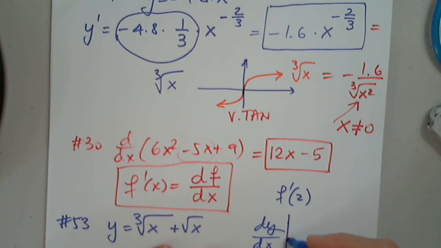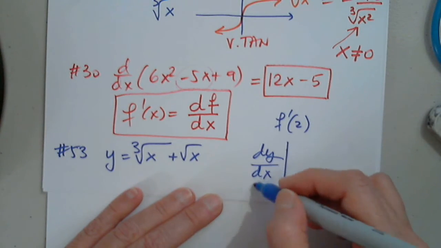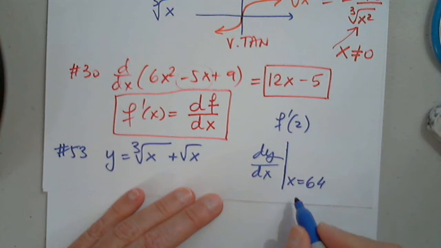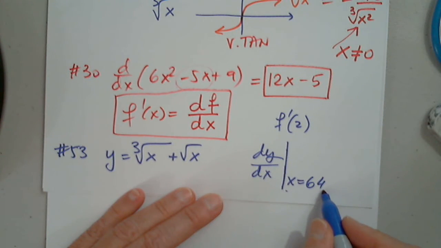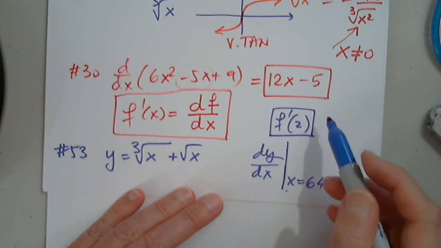We just use a vertical bar. And what does this mean is, after you determine the derivative of y with respect to x, evaluate it when x is 64. So this is much easier notation here.